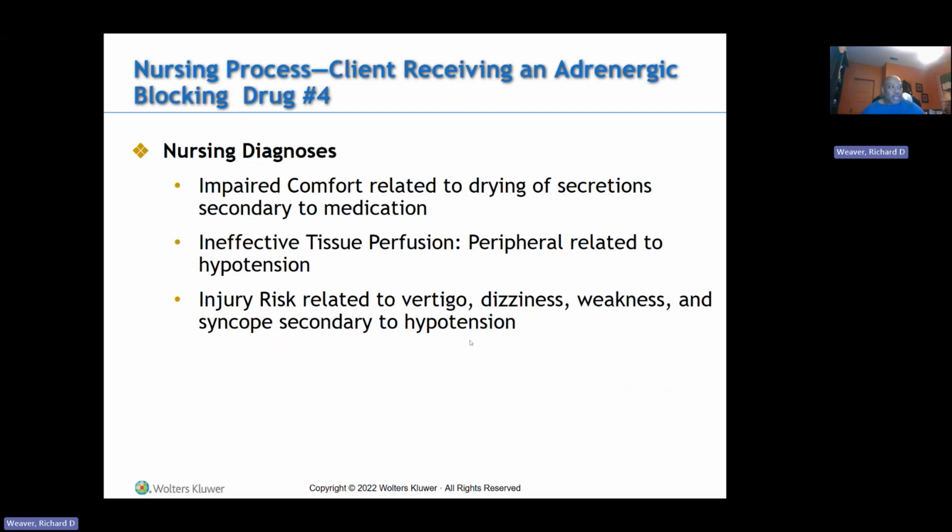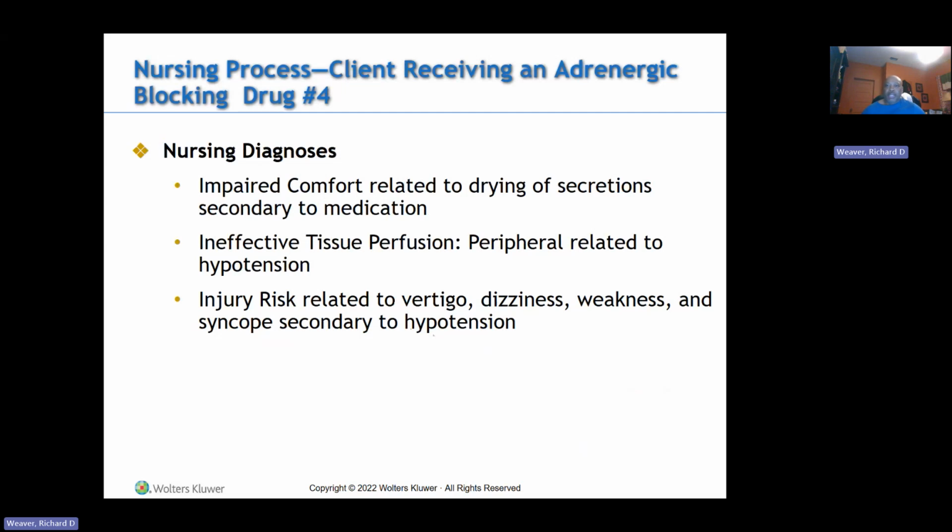Let me show you all something real quickly. When we're looking at a drug and we see that the drug can cause hypotension, we see that as a side effect, or in this case, an adverse reaction. Just looking at hypotension, you can ask yourself the question: when someone is hypotensive, what is actually happening?